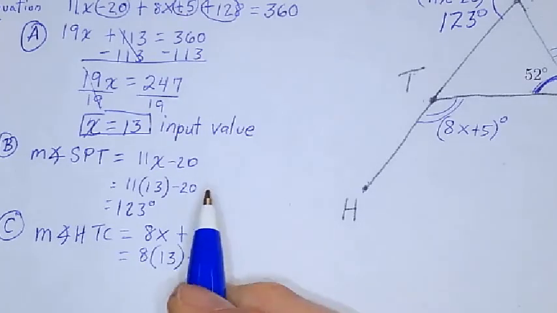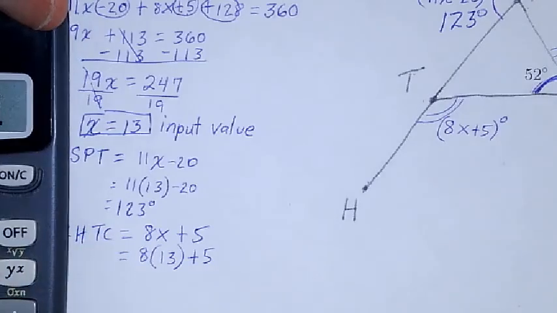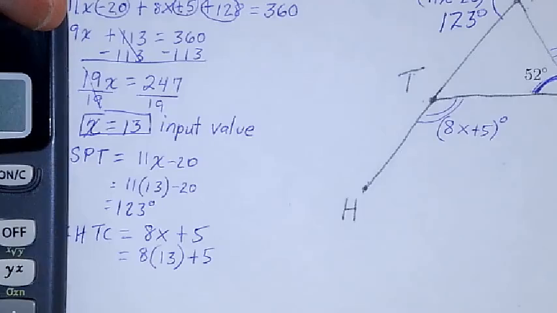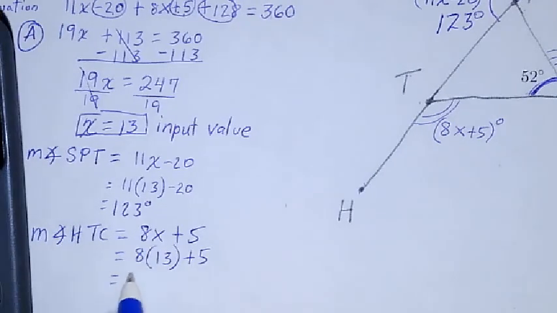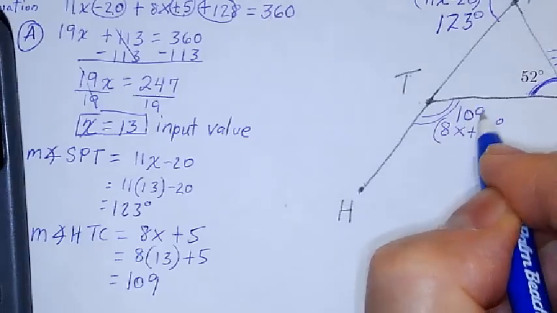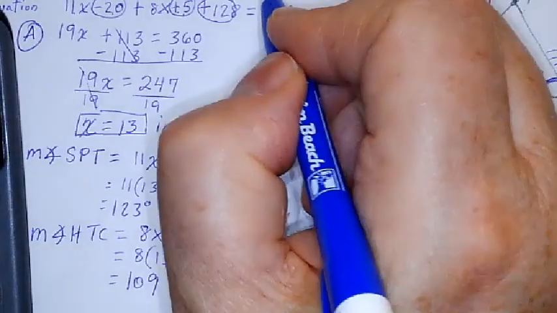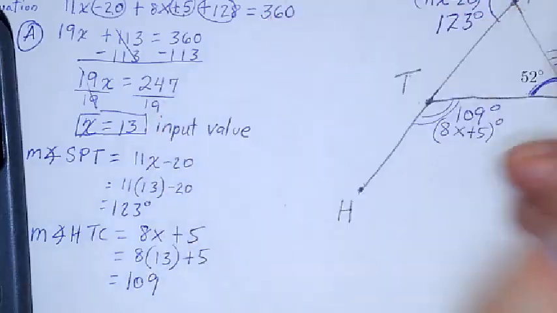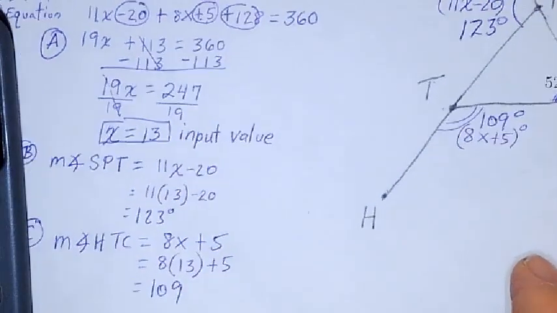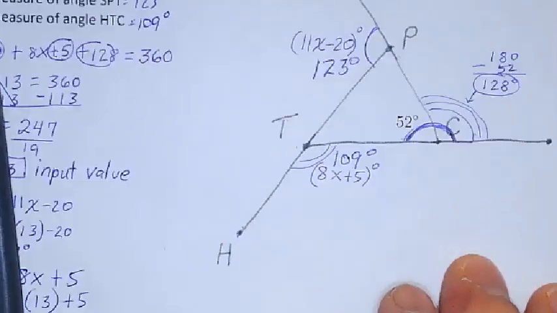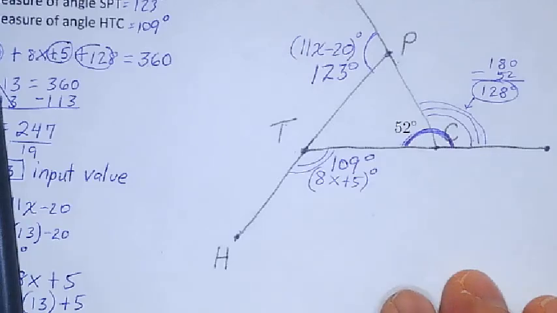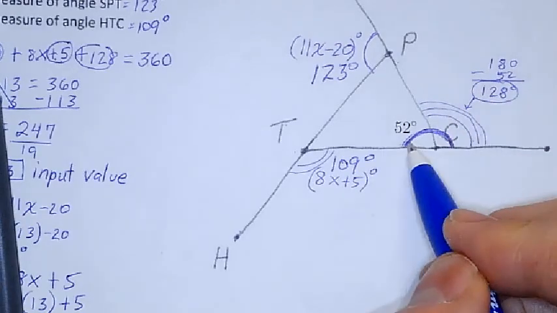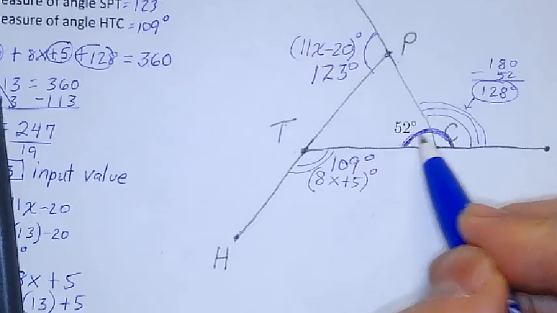Calculator work. 8 times 13 plus 5 equals, that means this angle is 109 degrees. That's done. A lot of substitution. I think the tricky part was knowing that if this is 52, then to get this angle, you got to subtract 52 from 180.